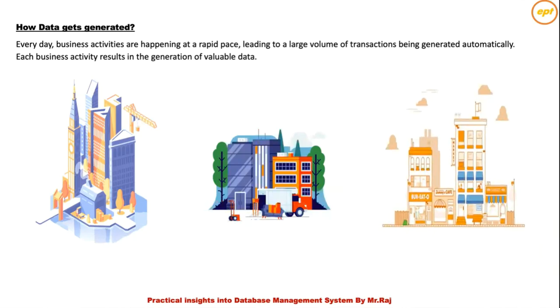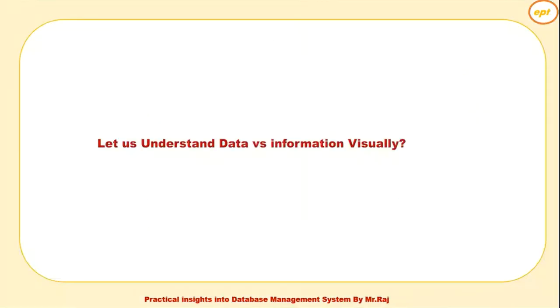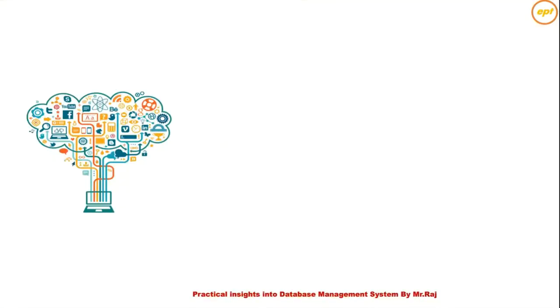All right, we'll move ahead. Let us understand data and information visually. Same thing again, I am just revising in a visual format. Try to see here. Because of the daily business transactions from different sources, data is getting generated and you are trying to collect the data, right? Agree?